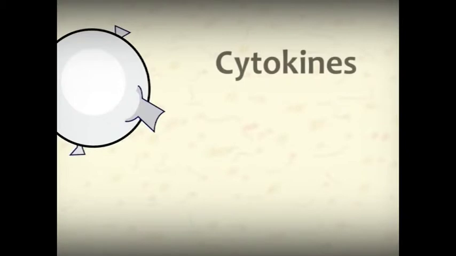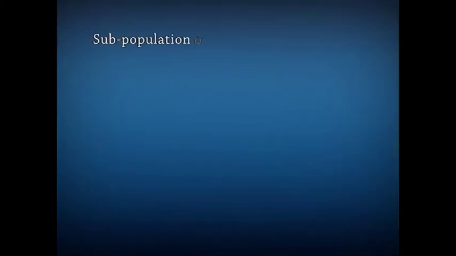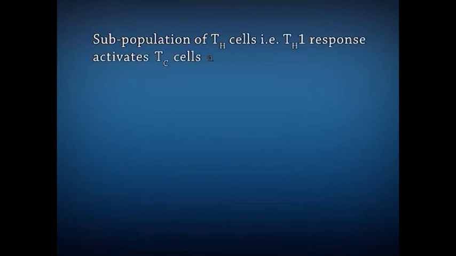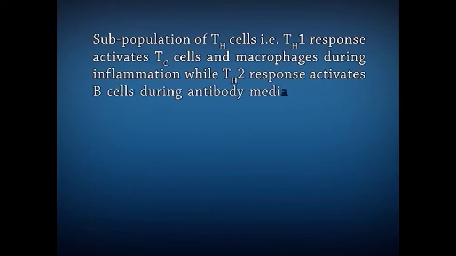T helper cells are crucial for defense against pathogens and elicit different types of immune responses produced by cytokines. For example, in the subpopulation of T helper cells, the Th1 response activates TC cells and macrophages during inflammation, while the Th2 response activates B cells during antibody-mediated immune response.